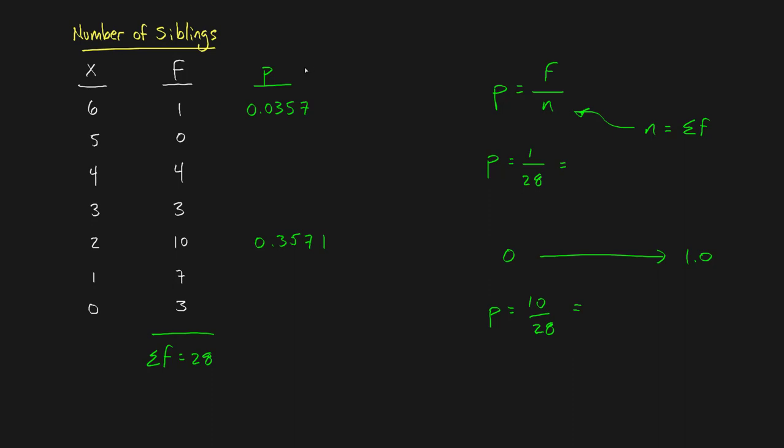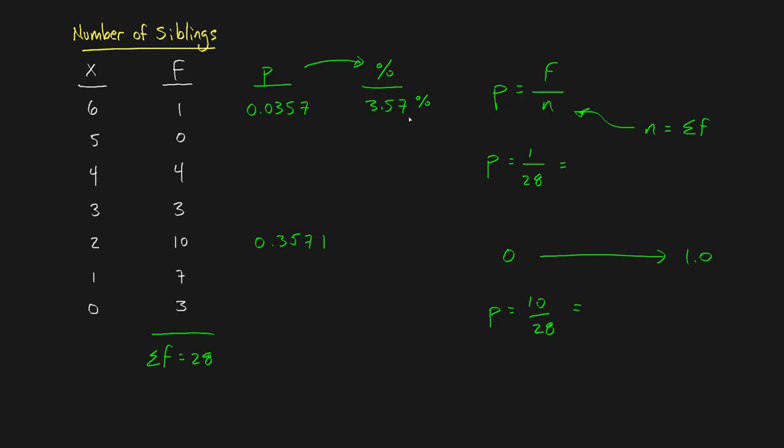Instead, we change proportions into percentages. And to get a percentage, you very simply just take your proportion, multiply it by 100, and you get the percentage of times that this particular score showed up in your distribution or in your sample. So my first proportion, when I multiply this by 100, I get 3.57%.